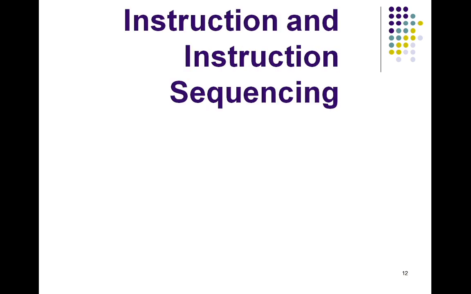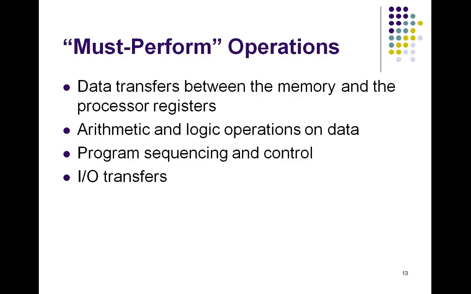Then the next important concept is instructions and instruction sequencing. The tasks carried out by a computer program consist of a sequence of small steps, such as adding two numbers, testing for a particular condition, reading a character from the keyboard, or sending a character to be displayed on the display screen or the monitor.